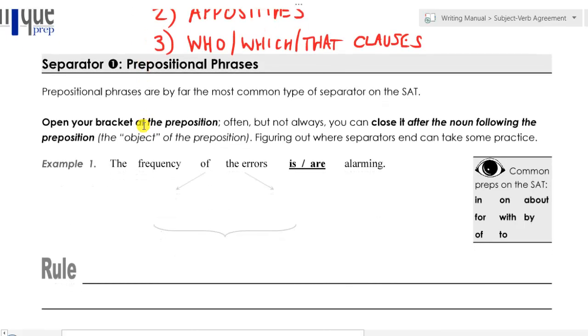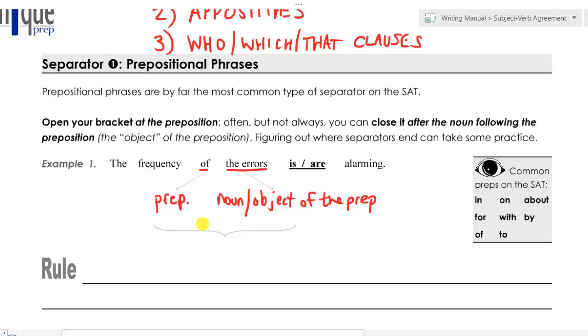What is a prepositional phrase? A prepositional phrase is simply a phrase that starts with a preposition and has a noun after the preposition. So that "of" is the prep. The "errors" is a noun. It is also known as the object of the preposition.